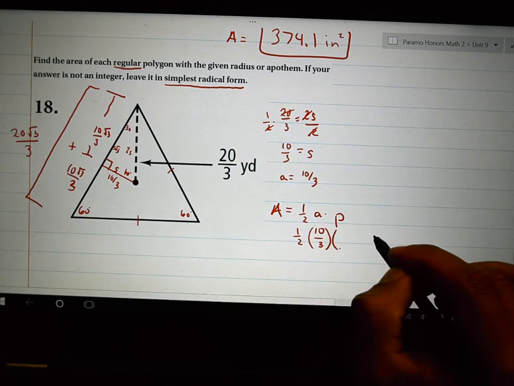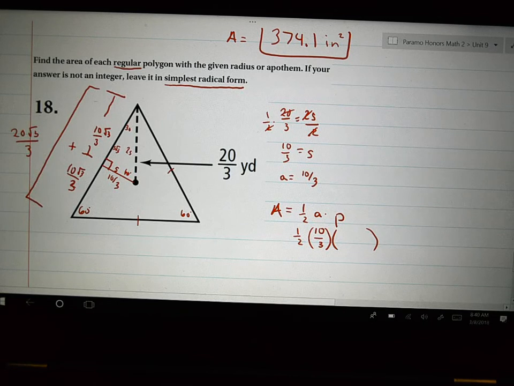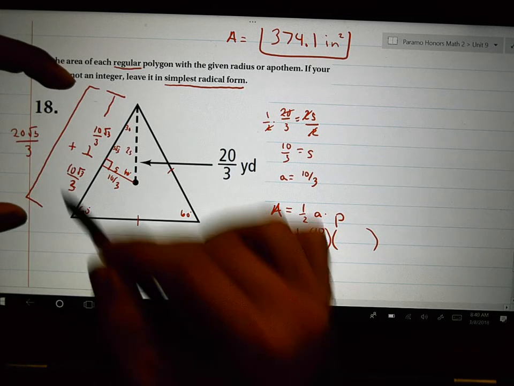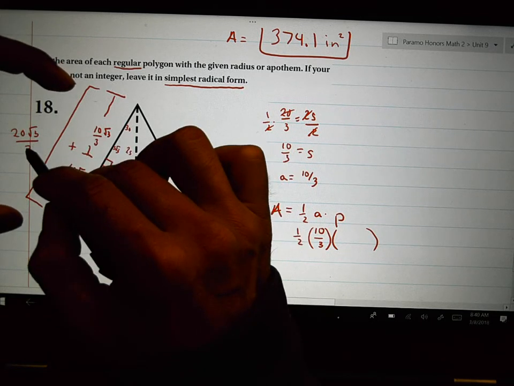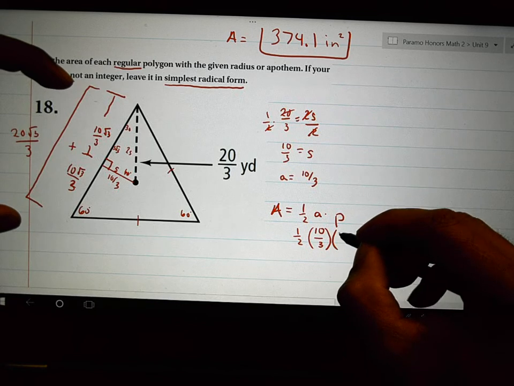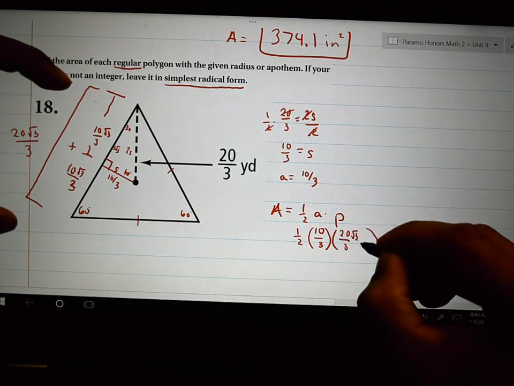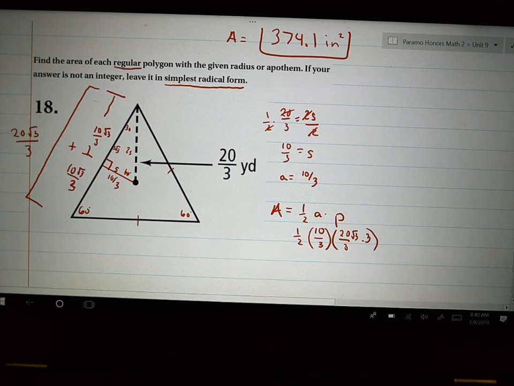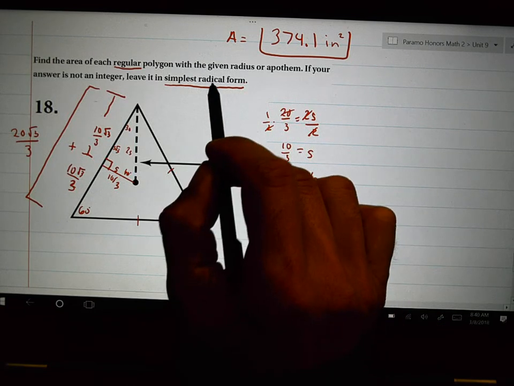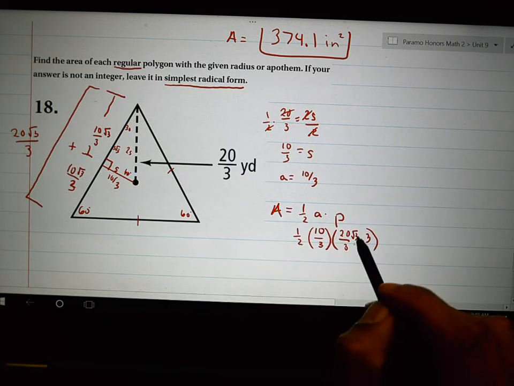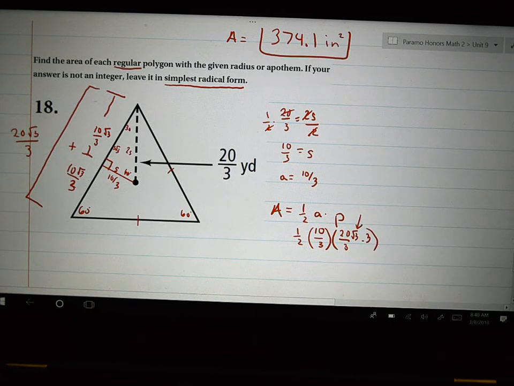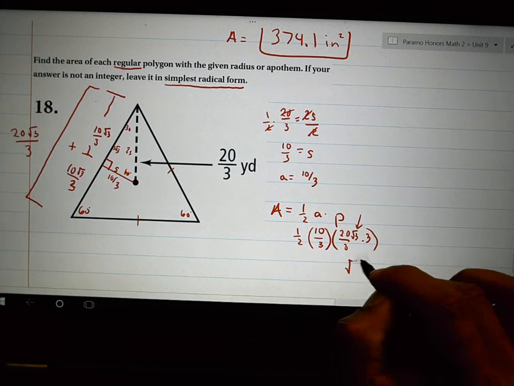My perimeter, I have a side length of 20 root 3, and I need to multiply that by how many sides? 3 of them. Because it says radical form, you're not going to touch this root 3. That root 3 is what you're going to leave alone. Your answer is going to have a root 3 in it.